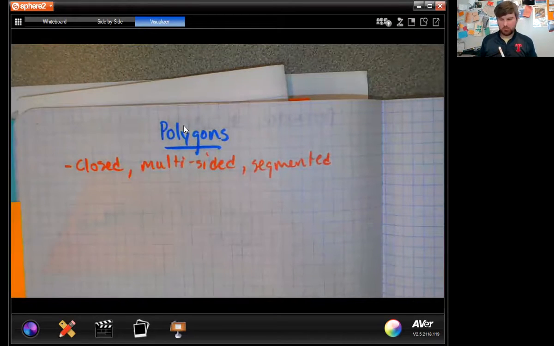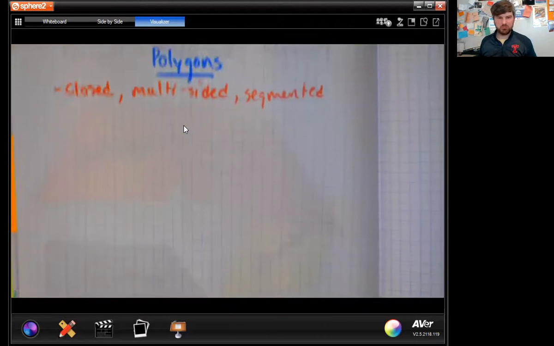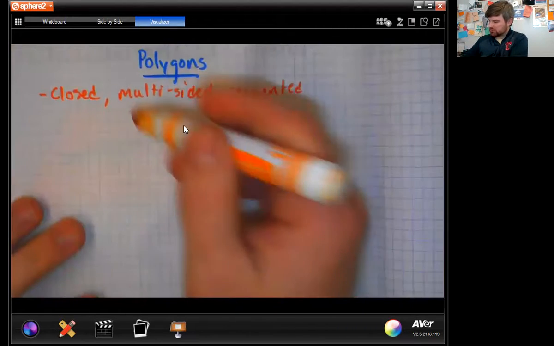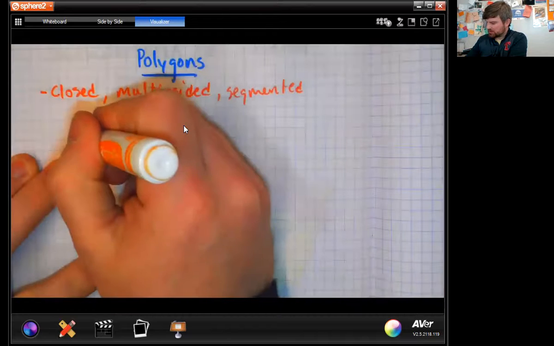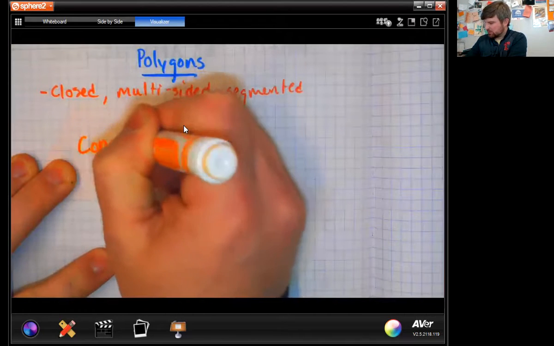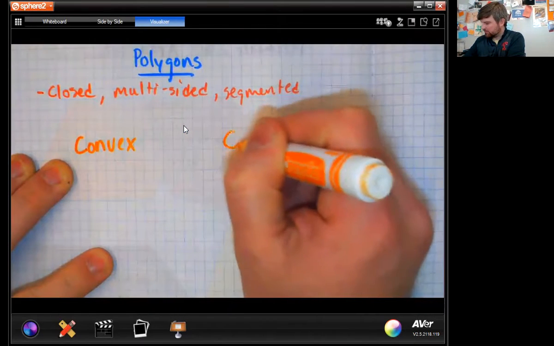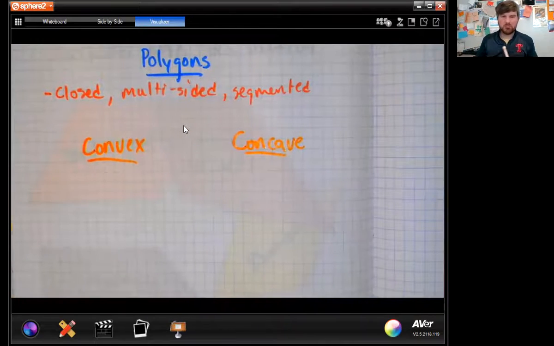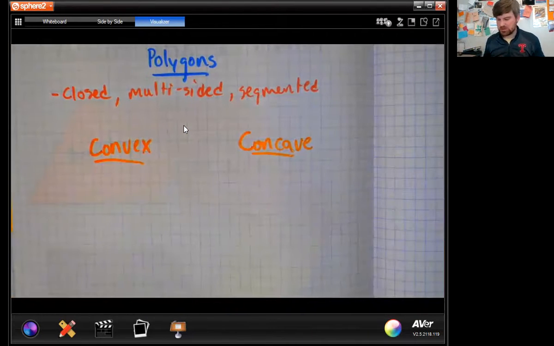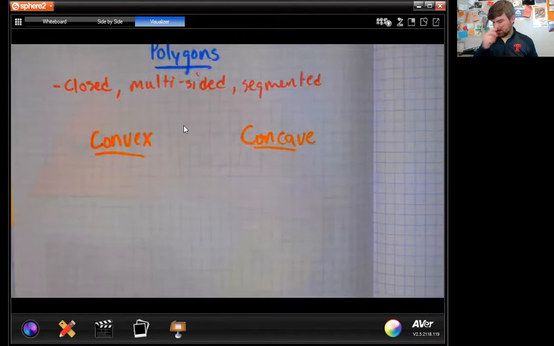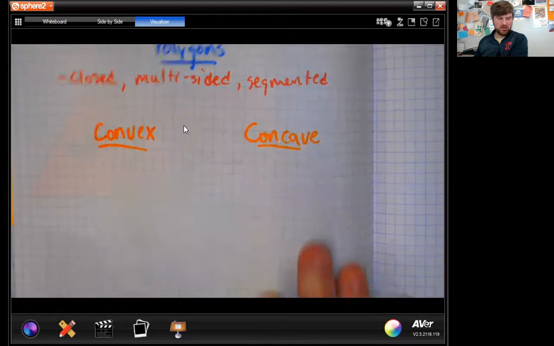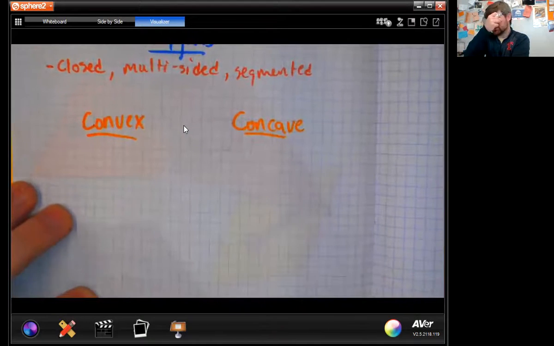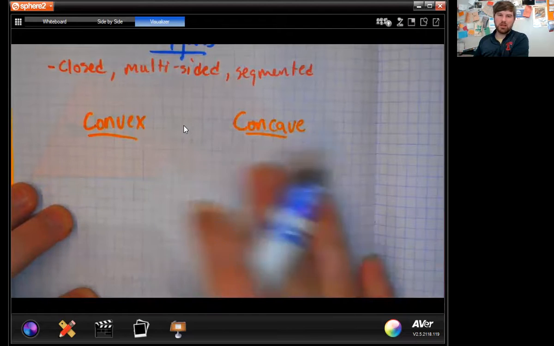So they're all straight segments on each side. There are four different labels that we can put on polygons. The first ones are either convex or concave. And you've heard of these before, probably talking about lenses or mirrors in a science class. It's the same type of thing with math and with these shapes. Let's start with concave.